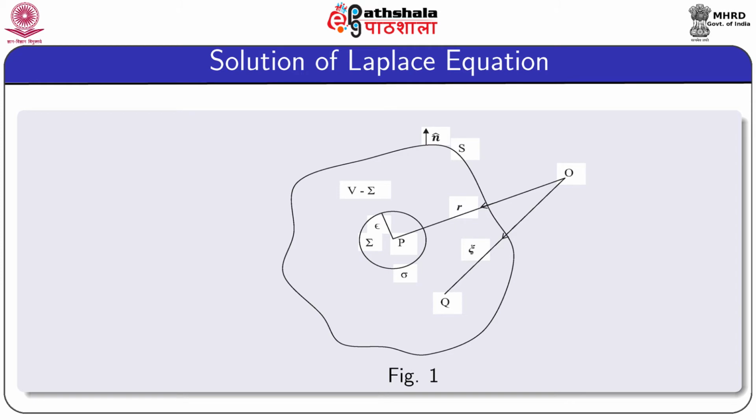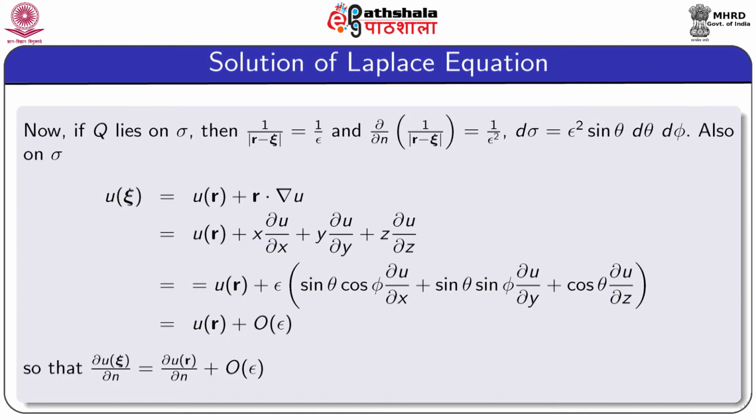Therefore, the value of 1 by mod r minus xi is equal to 1 by epsilon, and the derivative of this 1 by mod r minus xi is equal to 1 by epsilon square. Also, a surface element on sigma can be written as d sigma equals epsilon square sin theta d theta d phi.